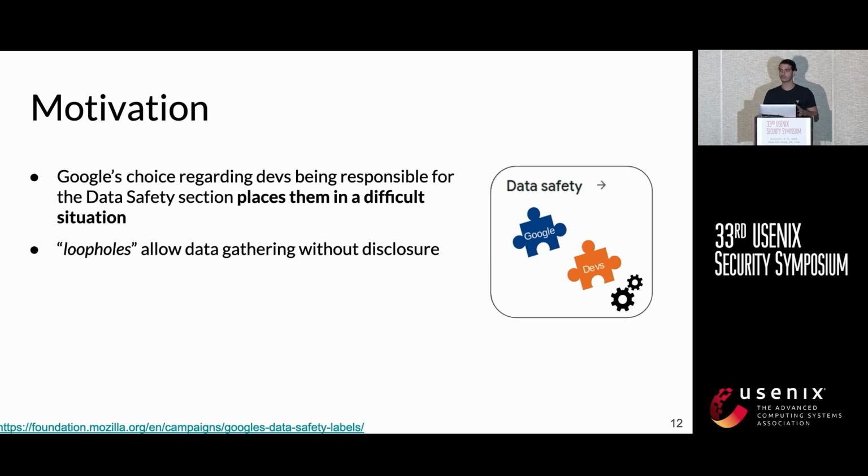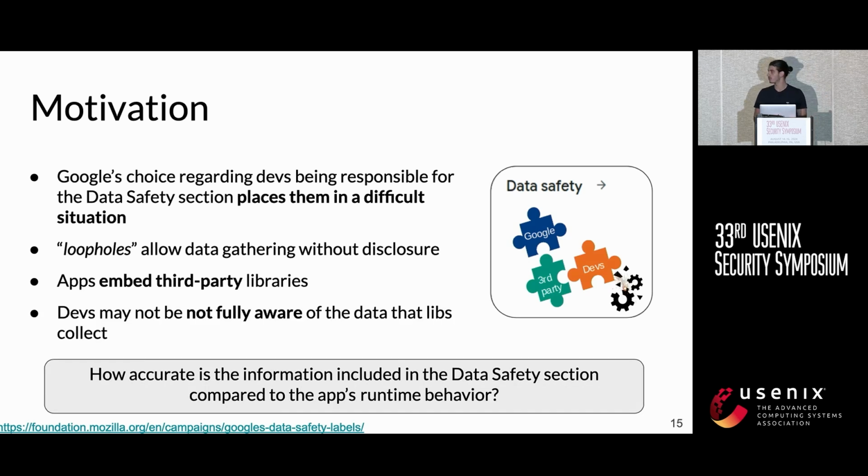This lack of knowledge, together with the loopholes, allows data gathering without any disclosure. And finally, apps embed third-party libraries to enhance and enrich their functionality, but developers are not fully aware of the data that the libraries collect. So how accurate is the information included in the data safety section compared to the app's runtime behavior?